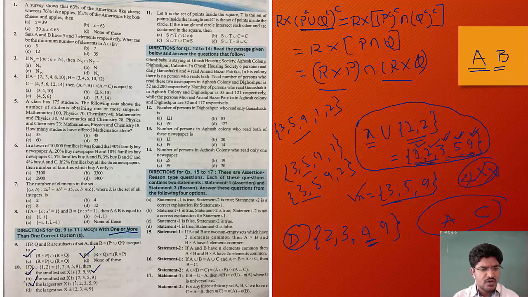Option C is also {1, 2, 3, 5, 9}. So, option A and option C will be the correct answers for question number 10. Clear? So, question number 10 has two options, that is A and C.